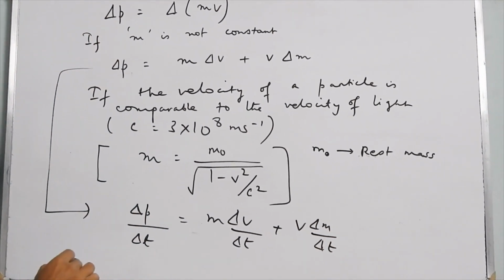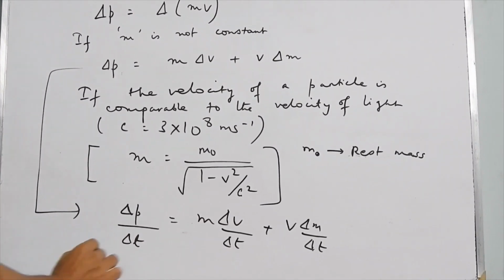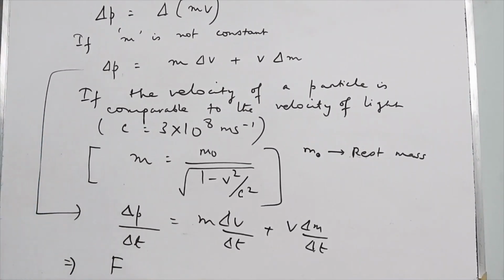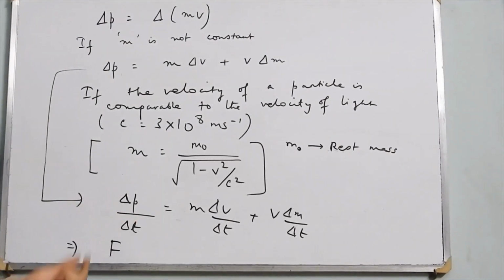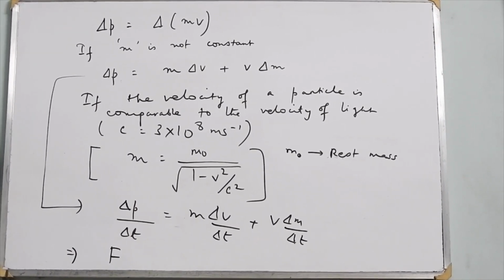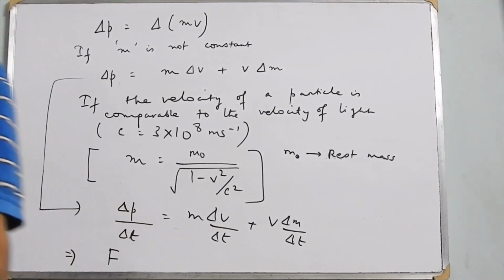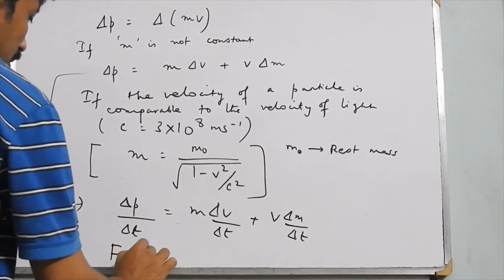Now this change in momentum in a given time interval is the force acting on the body. Remember this, I will come across the change in momentum in a given time interval in Newton's second law of motion. But change in momentum in a given time interval is nothing but the force.